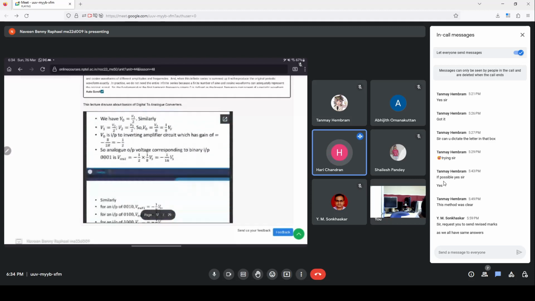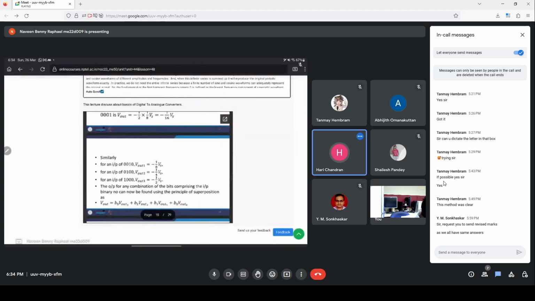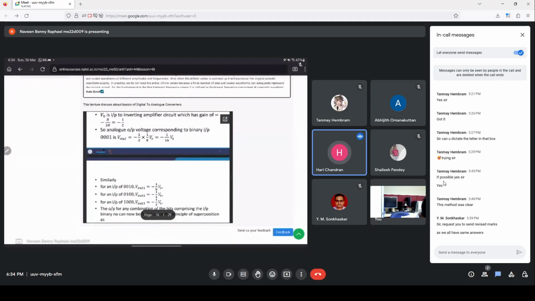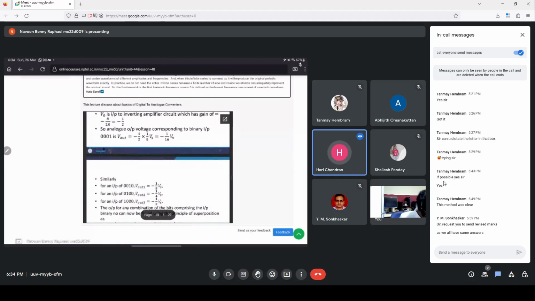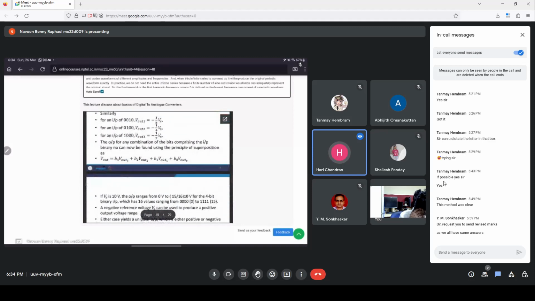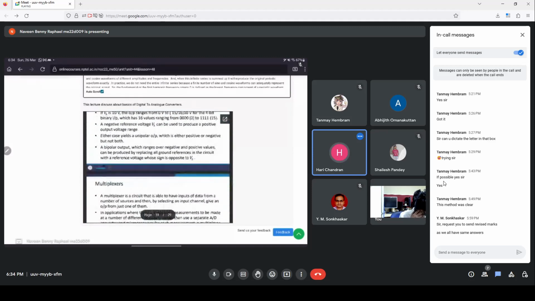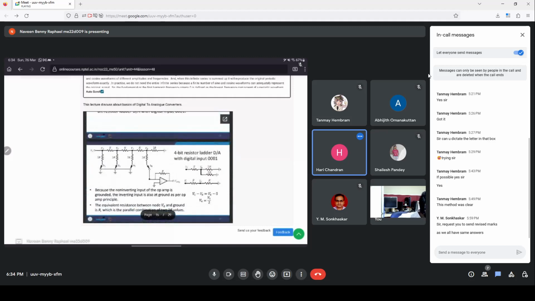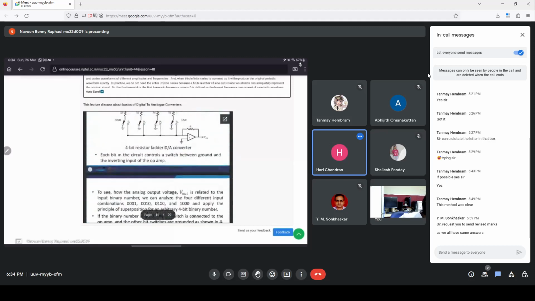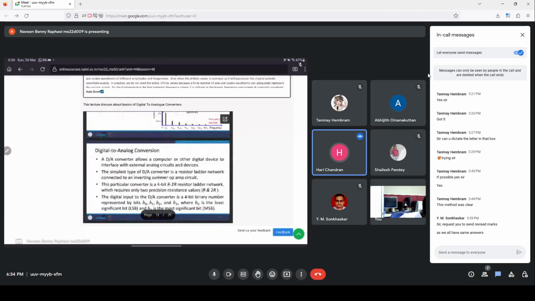The voltage divided by 2 to the power of 8, divided by 0 to 10 voltage divided by 8, and the voltage will come 1.25 voltage in that voltage difference. Let me check. Can you tell me the slide number? Let me check, sir. I am checking.